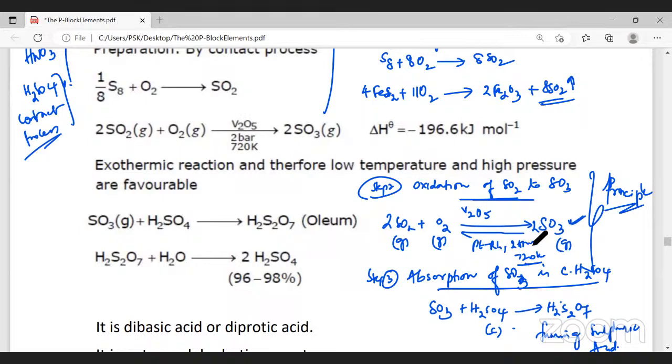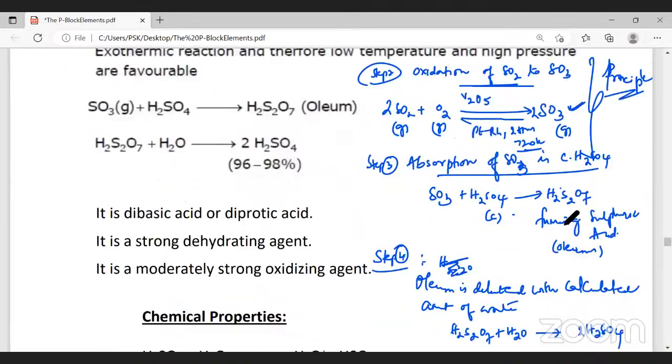Third step is sulfur trioxide is absorbed in concentrated sulfuric acid to form fuming sulfuric acid called oleum. And this oleum is diluted with calculated amount of water to give concentrated sulfuric acid, which is around 96 to 98% pure.